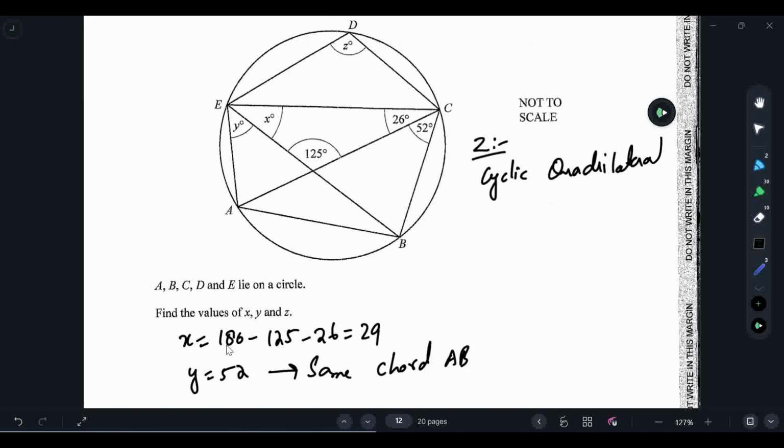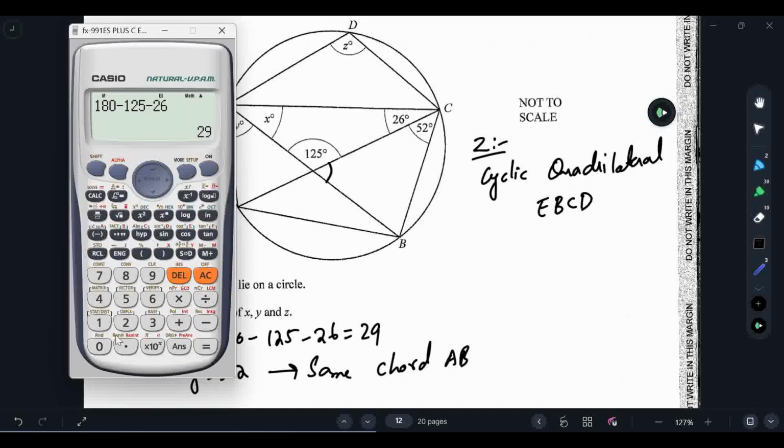We look at the cyclic quadrilateral E, B, C, D. Now we can look at angle B. If this angle is 125, then angle B will be 180 minus 125, so this will be 55.